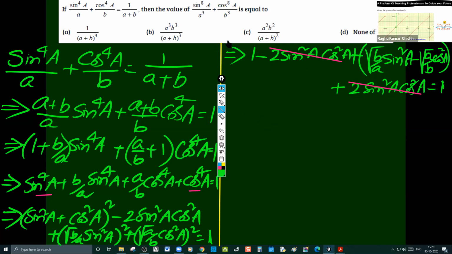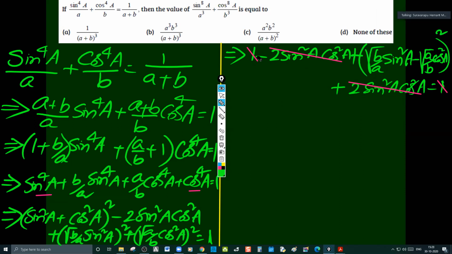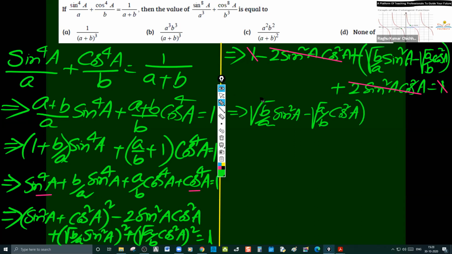Now you can see even 1 on LHS and 1 on RHS is also getting cancelled. Just check it out. Correct or not? What is that remaining now? Root over B by A sine square A minus root over A by B into cos square A the whole square is equal to 0.